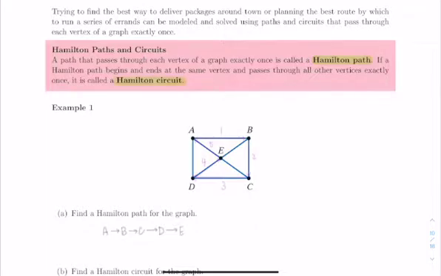So let's look at the first example. We want to find a Hamilton path for the graph, which means it has to pass through each vertex only once.